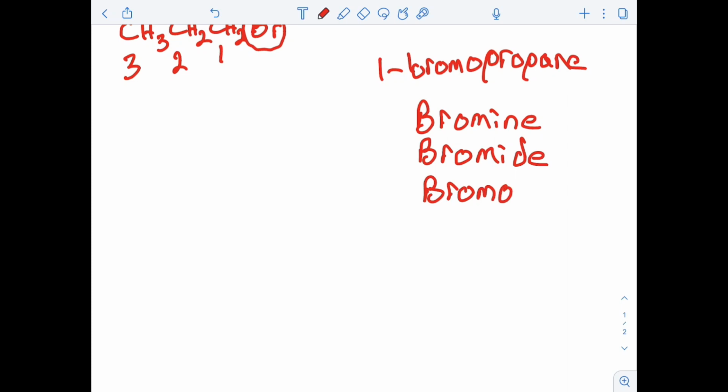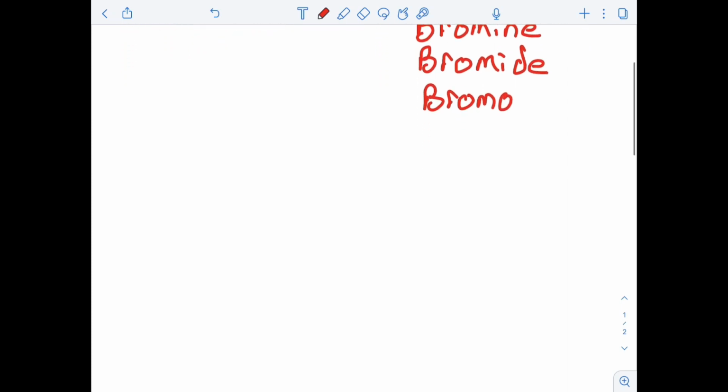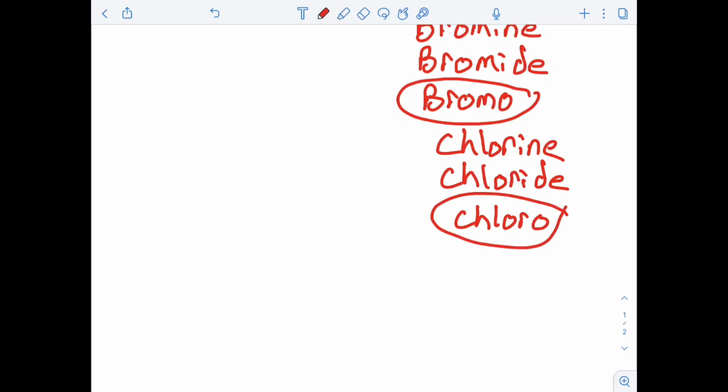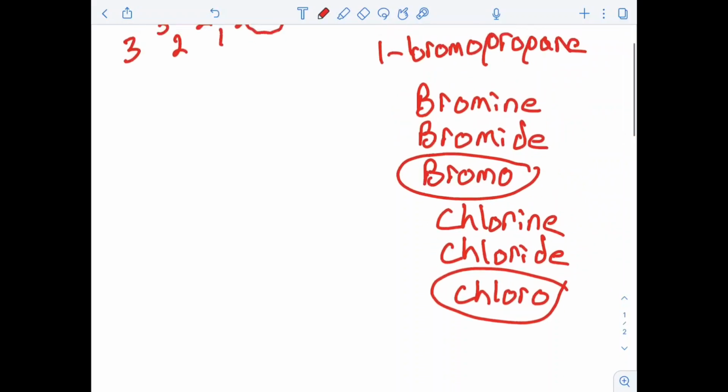It's going to be the same thing for your chlorine as well. Chlorine, as it exists, is as such. If it's connected to a compound, it's chloride. And if it's a part of nomenclature naming, it's chloro. So you have bromo, chloro, then of course you have fluorine and all the others we'll go through next.